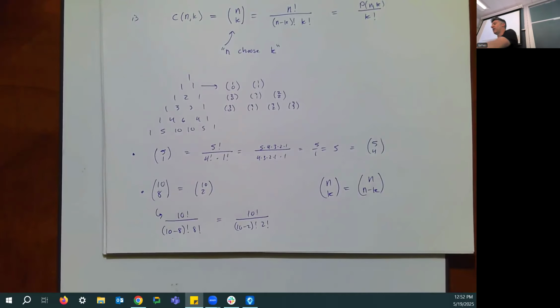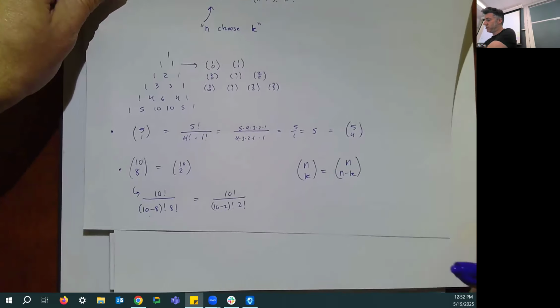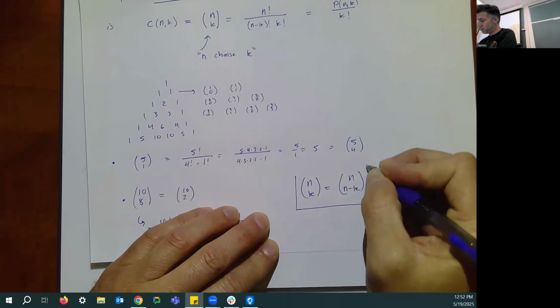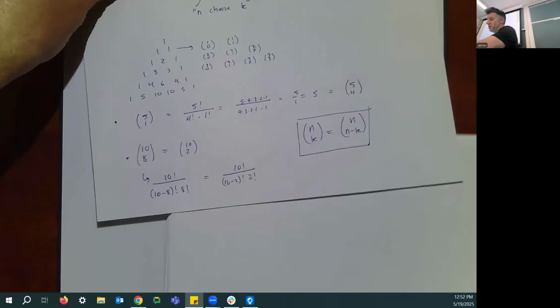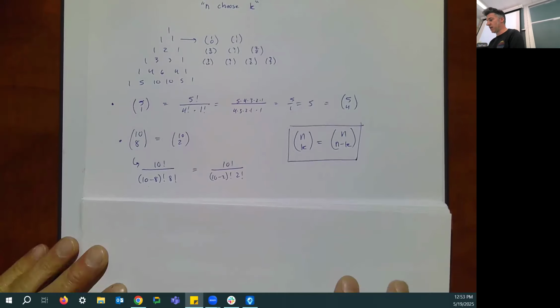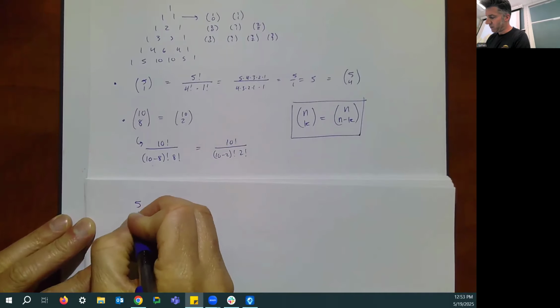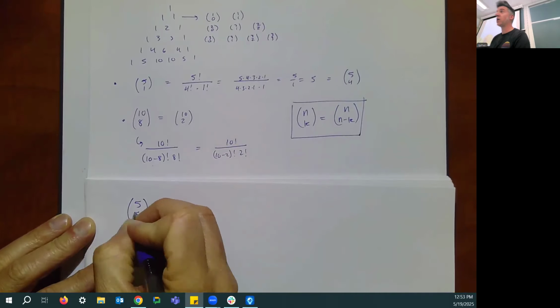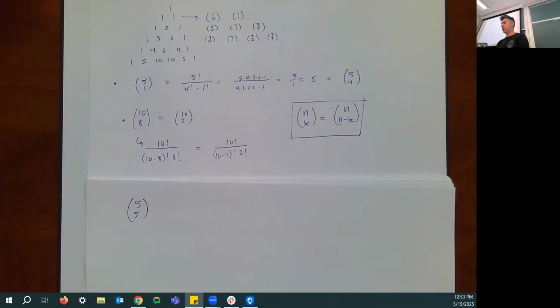All right, here's the other thing I wanted to point out. Okay, back to my fingers. How many ways can I pick all 5 of them? 1. I pick all 5 of them. That's it. So what that means is that 5 choose 5 should equal 1. Watch.